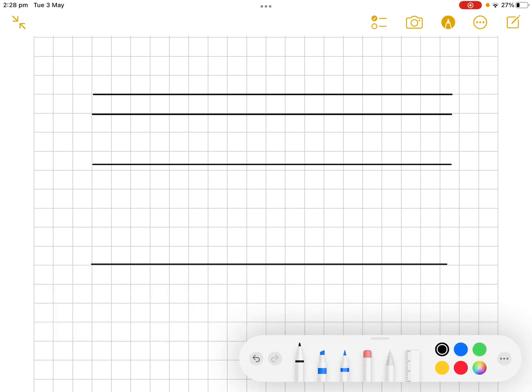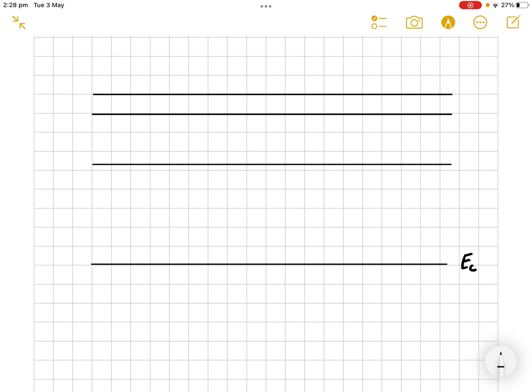If you were asked how many possible downward transitions are there, well, let's imagine that's E0, E1, E2 and E3. The easiest way to do it is just to start at the top and say, right, if an electron were at the top, where could it fall to? Remember, it can't fall in between levels, it can only fall to levels. So that one could fall to there. So there's one possible downward transition.